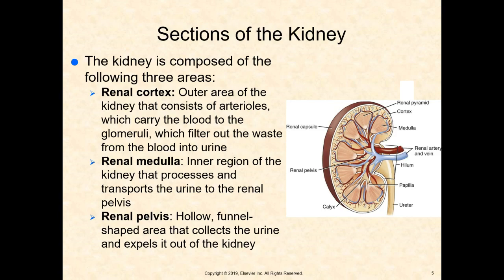Medulla sounds like middle, right? That's the inner region of the kidney that processes and transports the urine to the renal pelvis. The renal pelvis is the hollow funnel-shaped area, as you can see over here, that draws the urine out towards the ureter to the bladder and then out the urethra.